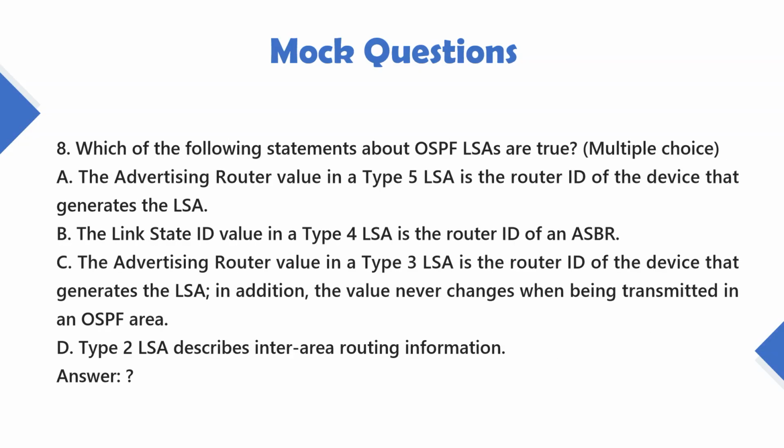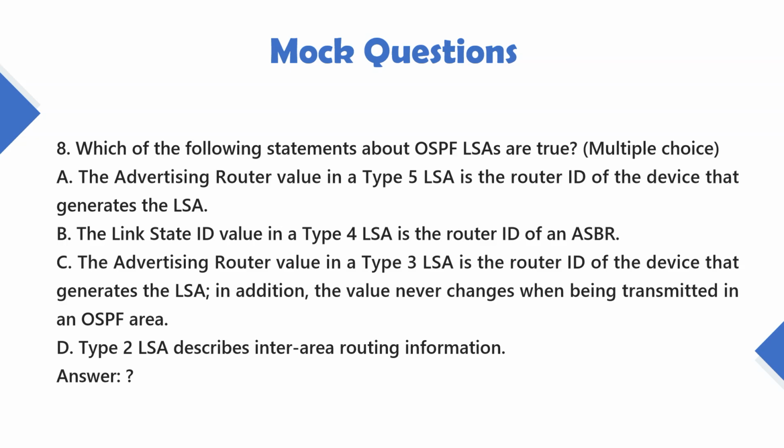8. Which of the following statements about OSPF LSAs are true? Multiple choice. A. The advertising router value in a Type 5 LSA is the router ID of the device that generates the LSA. B. The link state ID value in a Type 4 LSA is the router ID of an ASBR.